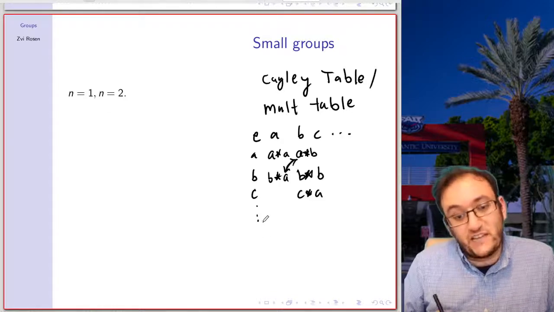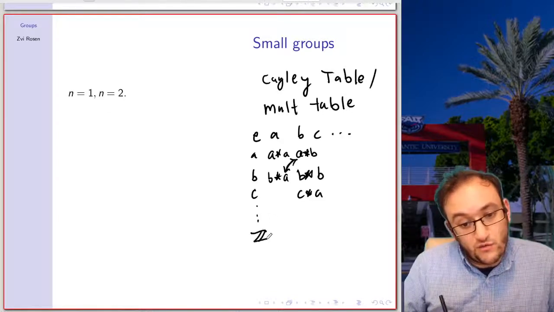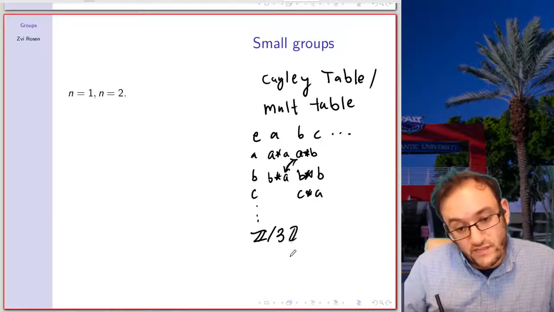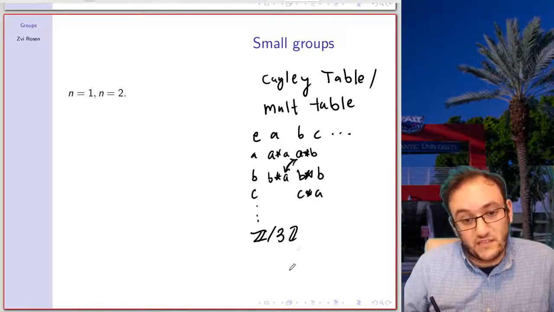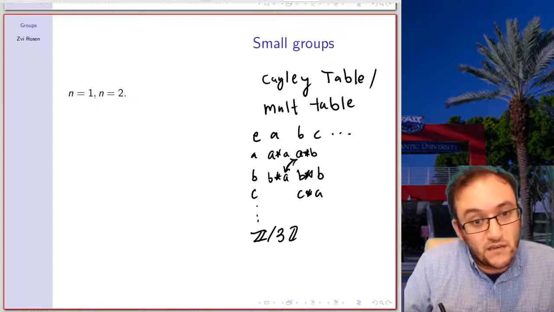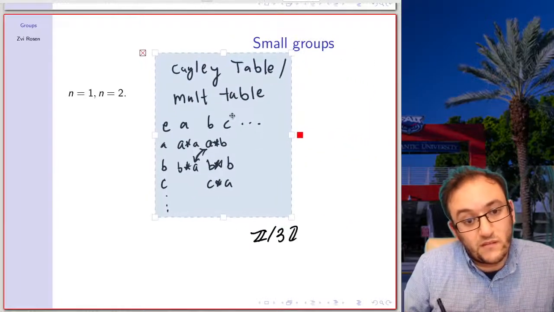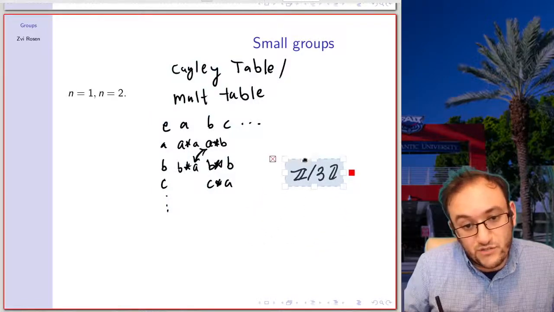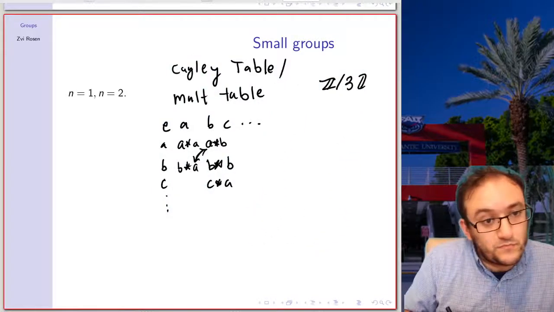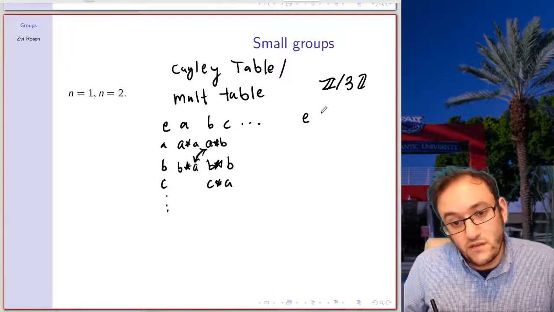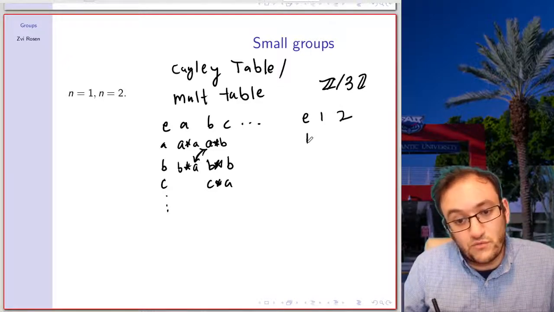Just as a quick check, let's do the Cayley table for Z mod 3Z, to make sure we have the hang of it. So we're going to put E here, that's 0. Then we'll have 1 and 2. We're doing addition, obviously.